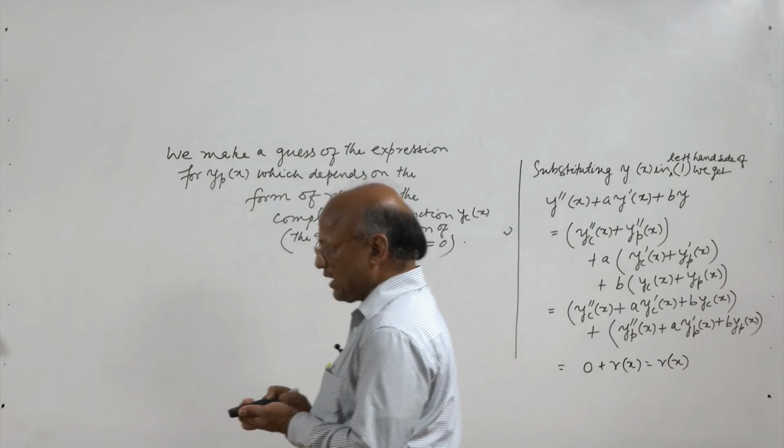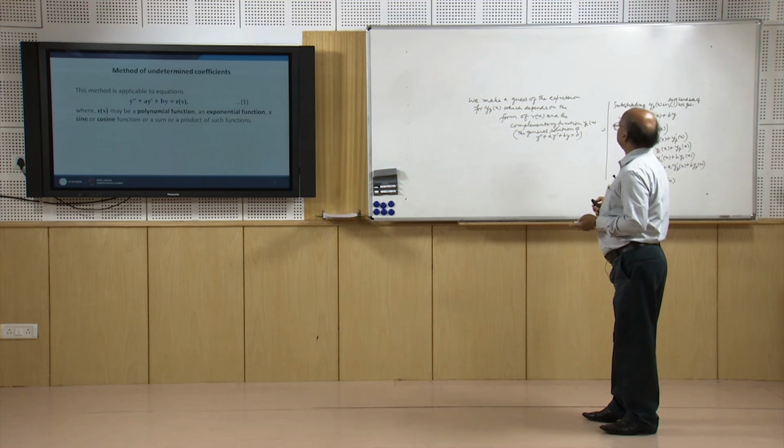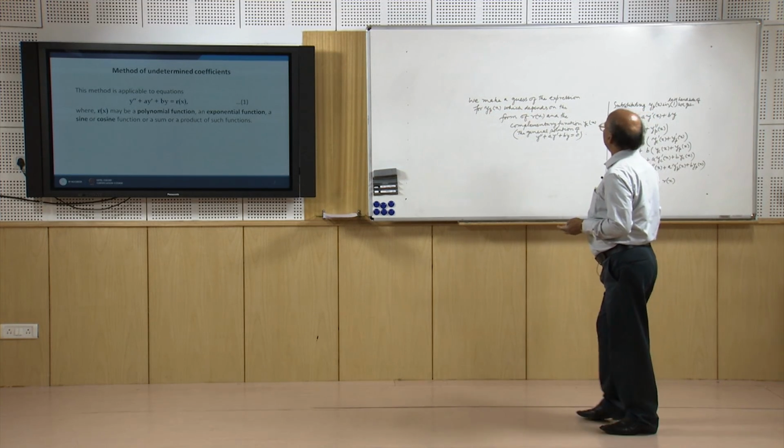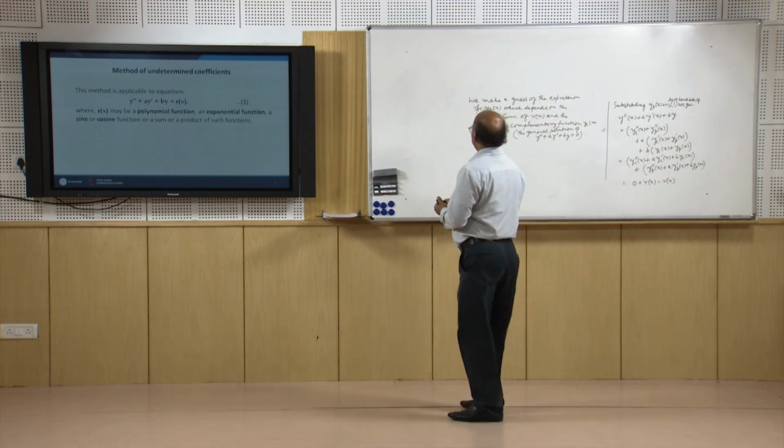So this is not an arbitrary guess, it is called an educated guess because it depends on the form of r(x) and also sometimes it depends on the form of the complementary function y_c(x).